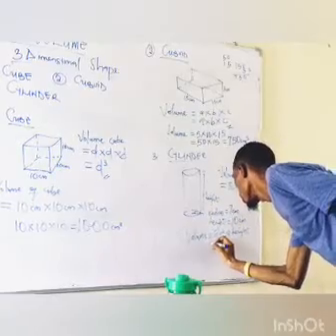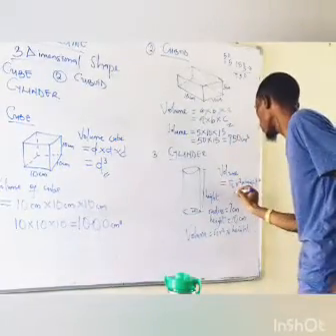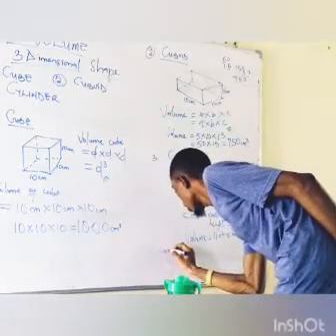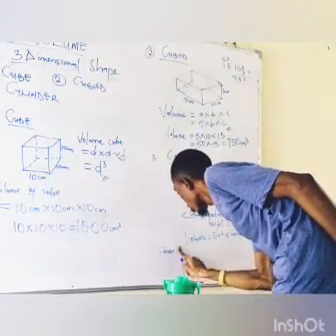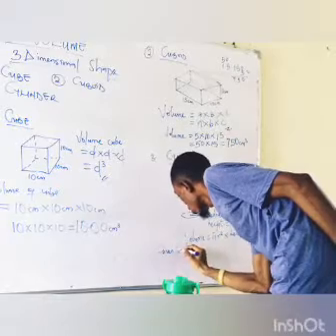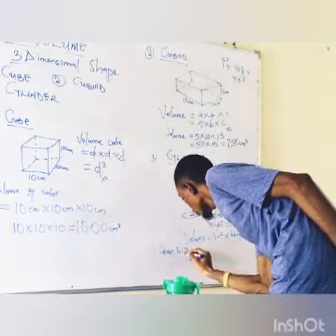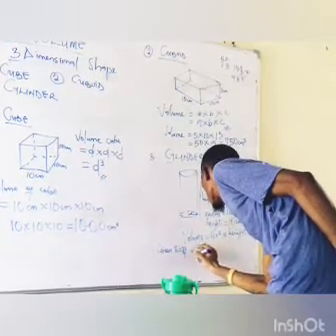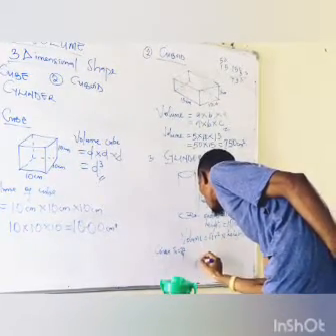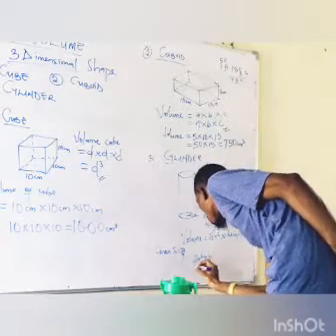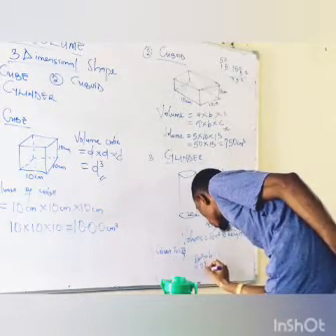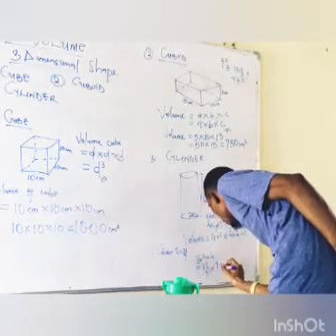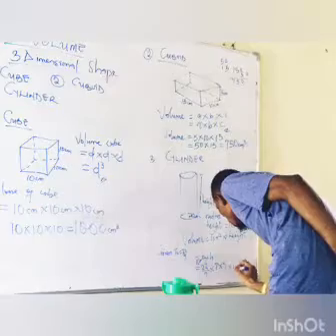Our pi is 22/7, given pi to be 22/7. Our volume is pi r squared multiplied by h, which is equal to 22/7 multiplied by the radius, 7 multiplied by 7, the height is 10.